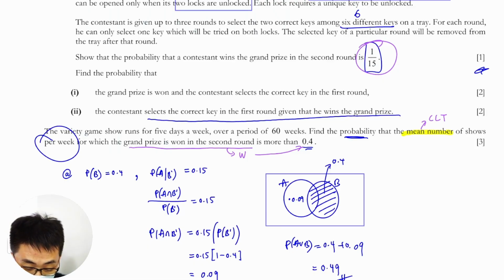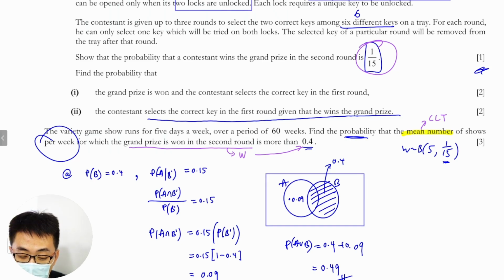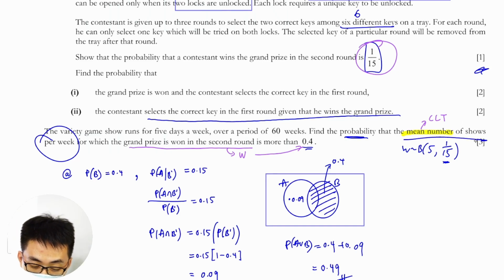Okay, every 1 week. So I want W, every 1 week got 5 shows, and every one show you have one contestant winning in the second round is 1 over 15. What I want is the probability of mean number of shows per week.